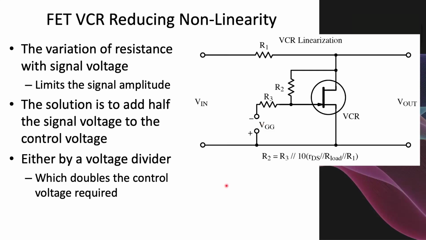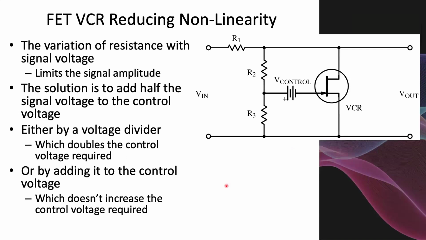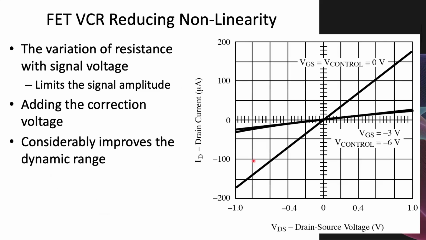Or you can add the necessary audio signal to the control voltage in a way that doesn't increase the control voltage required. The effect of this is dramatic, which you can see here.